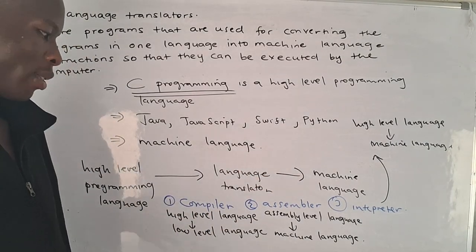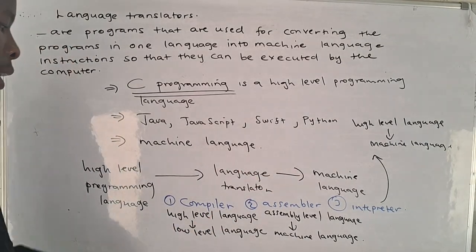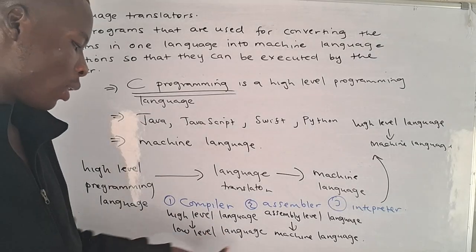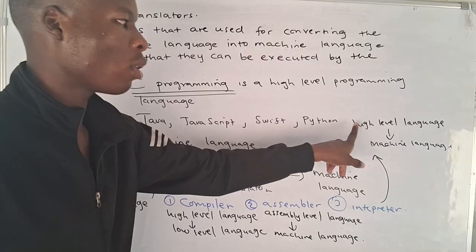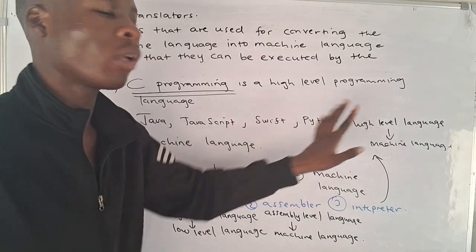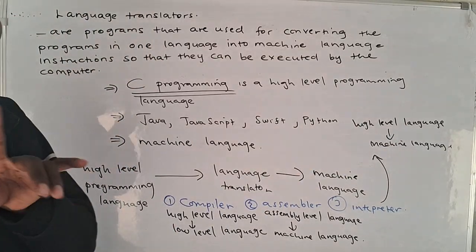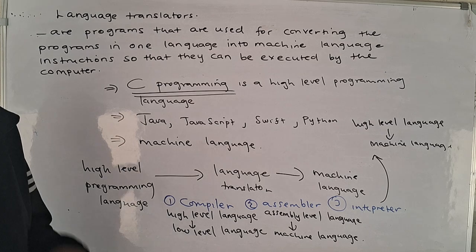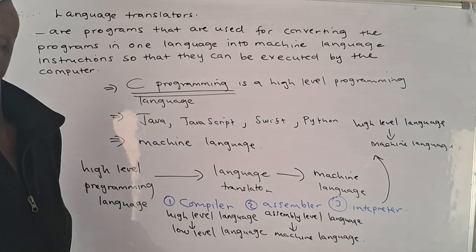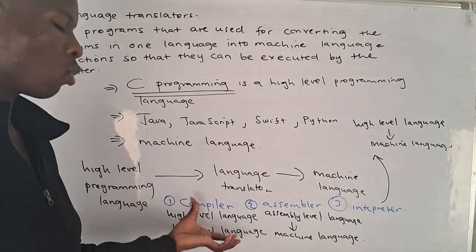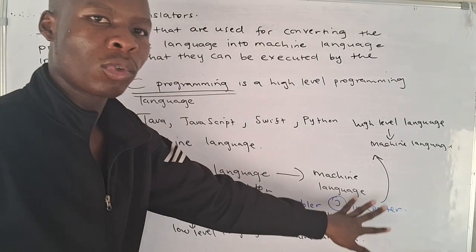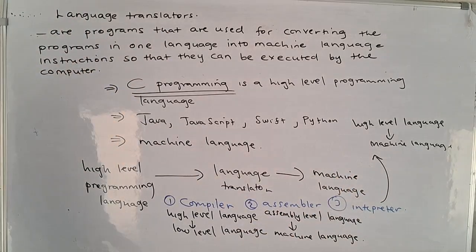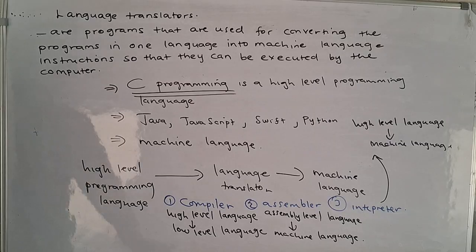You should understand how a compiler converts a high level language, and how an interpreter converts it. This is a 2-mark question in your paper. It also comes in 6 marks. So you should be able to explain the functioning of a compiler and of an interpreter.